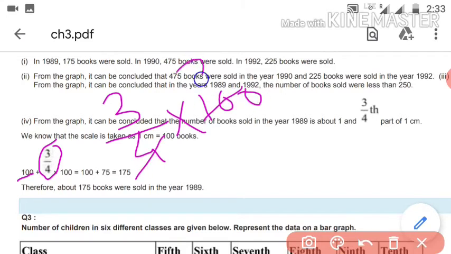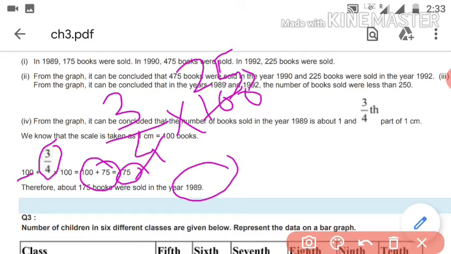So 4 and 100 you can cancel, 25 times. Now 25 into 3 you will get 75. So 100 plus 75, 175. So we can say about 175 books were sold in 1989. We can find out in this way.